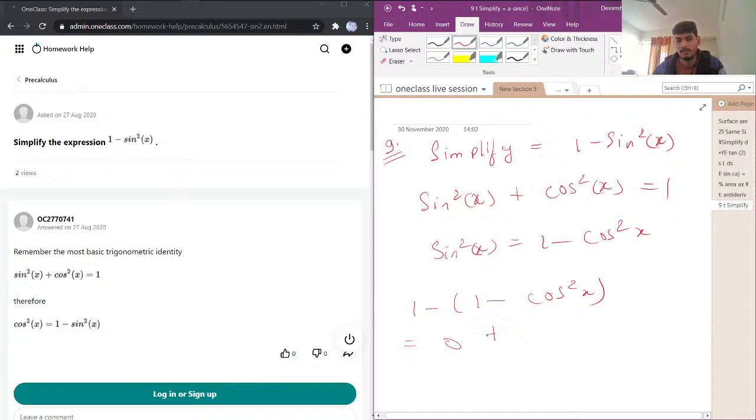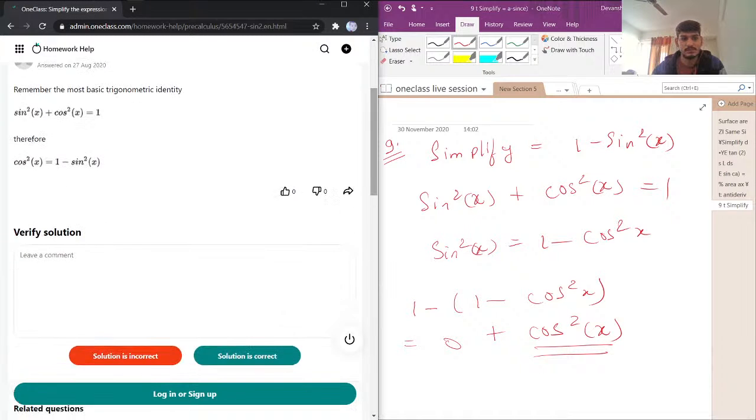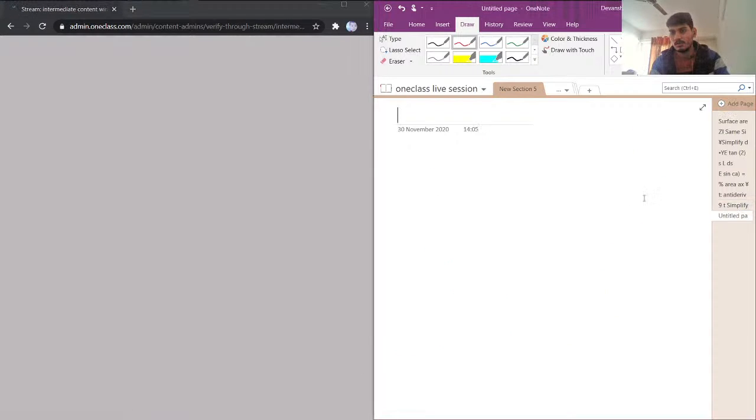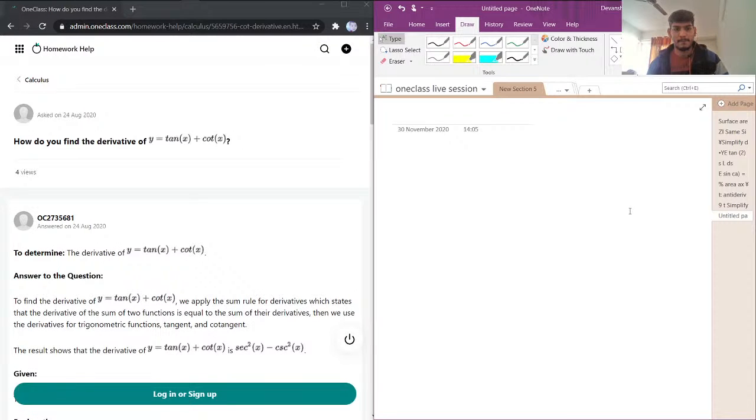Negative negative will become positive, and this will be just cosine square of x. Okay, so the answer is cosine square of x, correct solution. Good job. Solution is correct. We'll go to the next page.